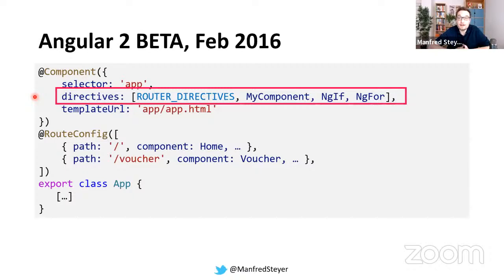And this directives array told us, but also Angular, which directives we are allowed to use in the middle of this template. It's important for us, but it's also important for the compiler to know what's allowed in there and what's not allowed. Saying this, the directives array also pointed to components, because components are just a special kind of directives. Originally, they have been called component directives before they switched over to the term directives.